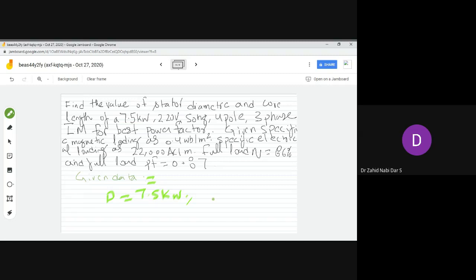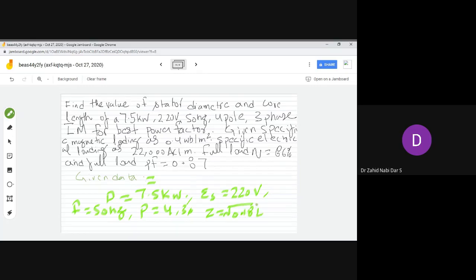Your ES value is given, ES is equal to 220 volt. Your frequency value is 50 hertz. You have number of poles given as 4. Then this is three phase. For best power factor, you saw that your Z value was equal to 0.18 L.